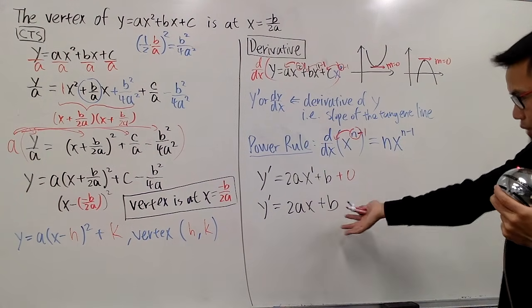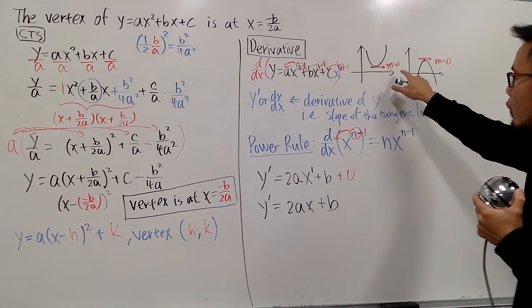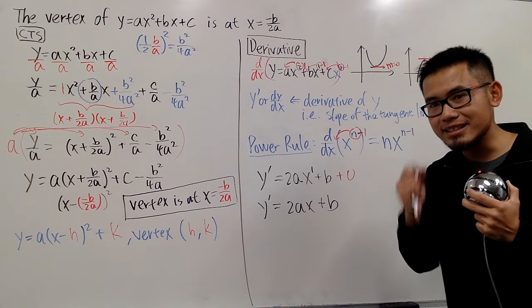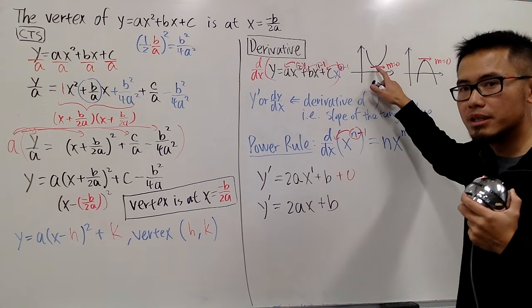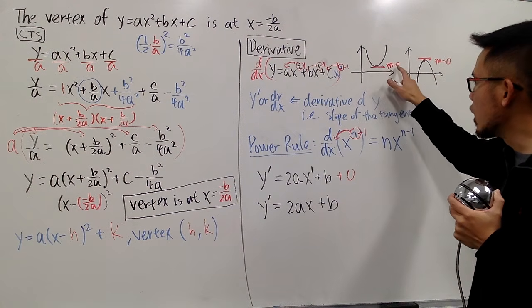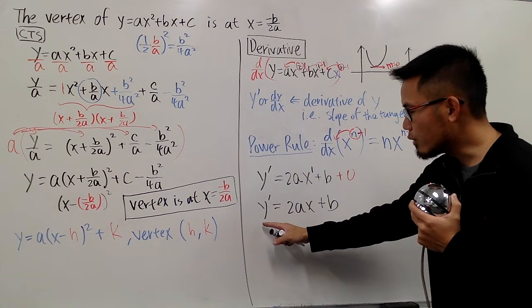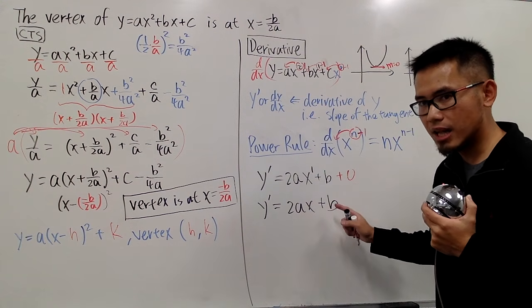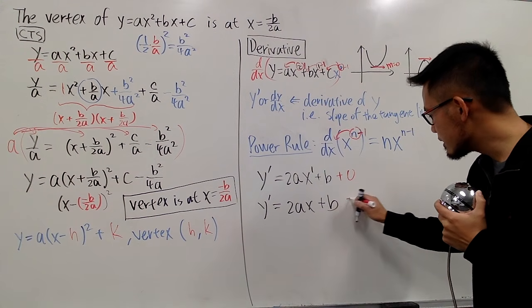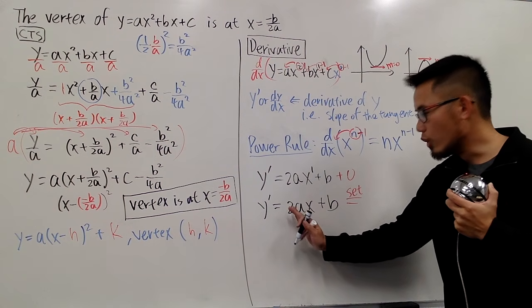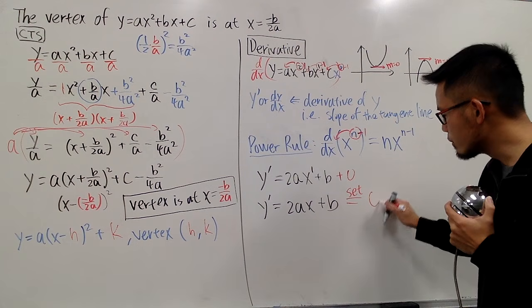Well, what good does this do? Keep in mind, we want to find out the x value so that the slope at that x value is 0. The slope at the vertex is 0. This right here will tell you the slope of the tangent line, and I want to know for what x value will make this equal to 0.